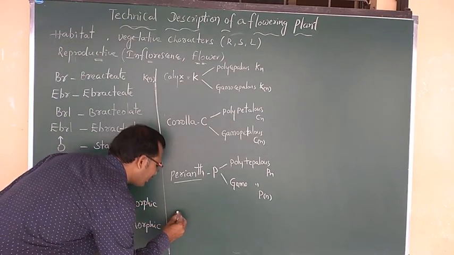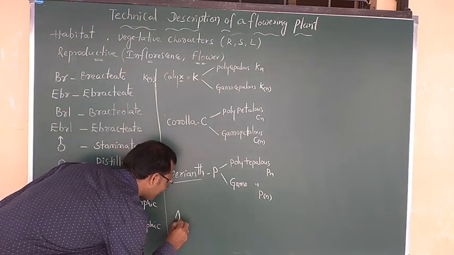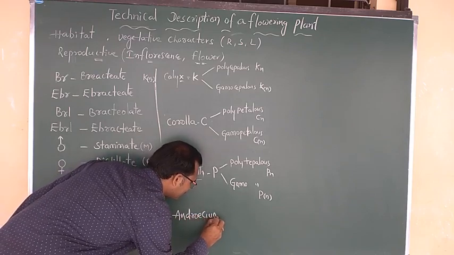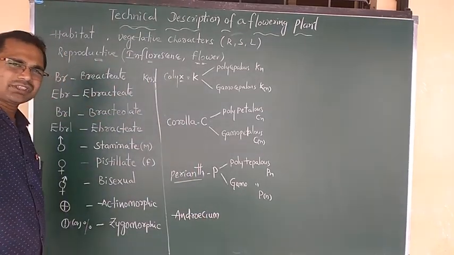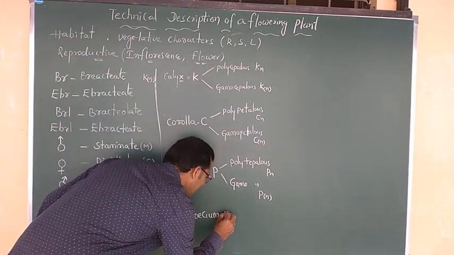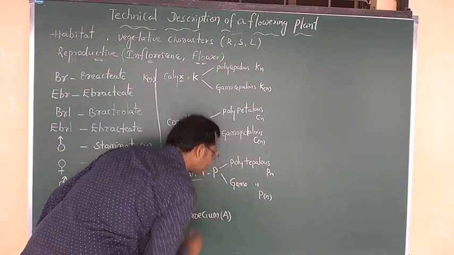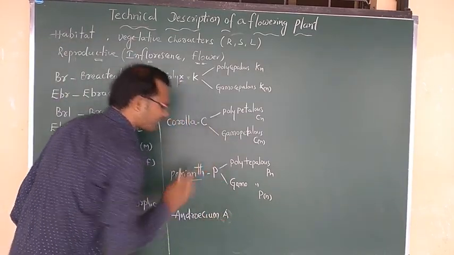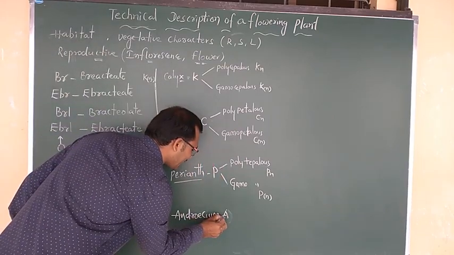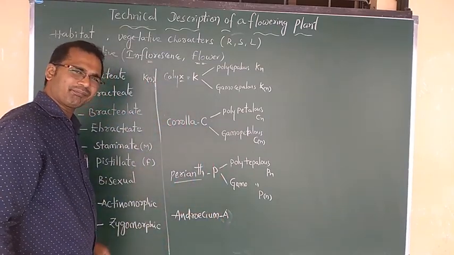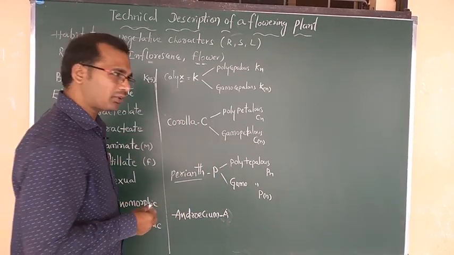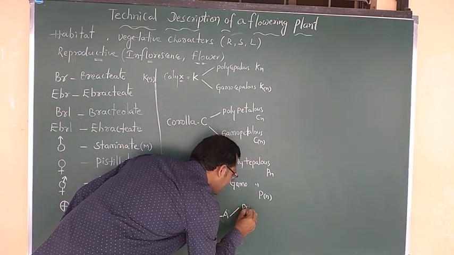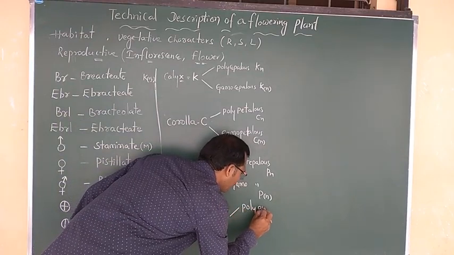After this, we are taking androecium. Androecium is indicated by symbol A. Bracket keeping means you may be confused, so it is indicated by A. A means androecium. These stamens also may have two possibilities. One we call polyandrous.